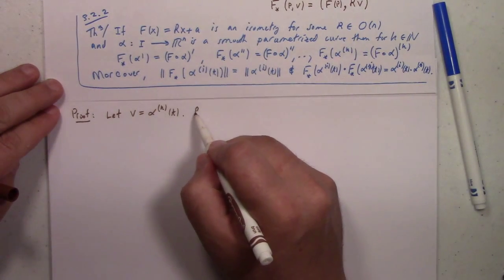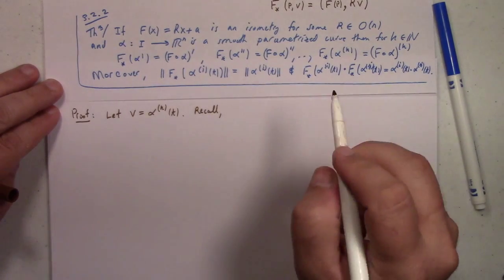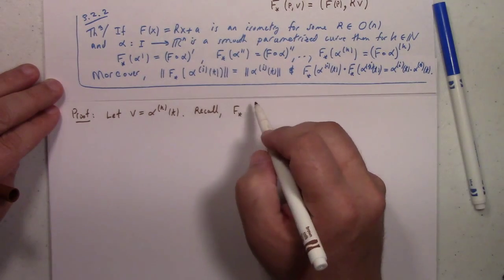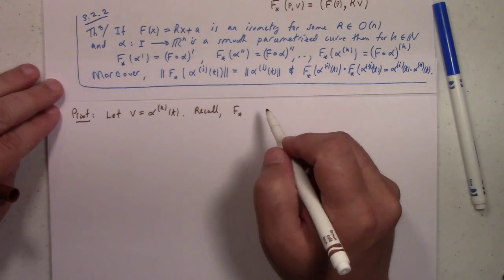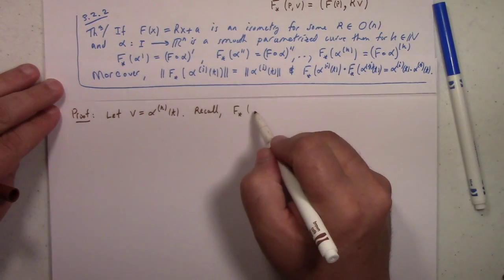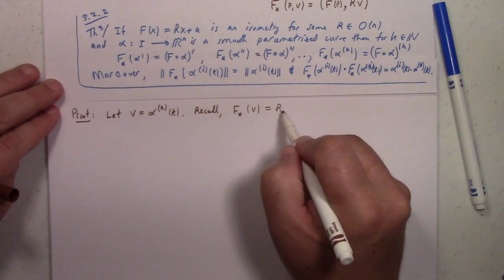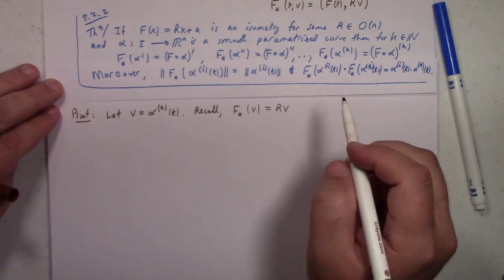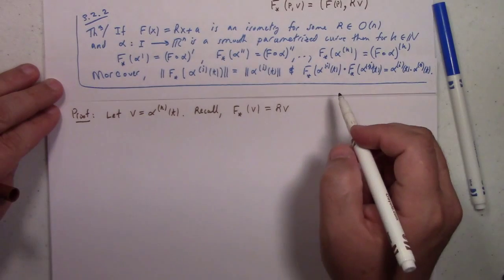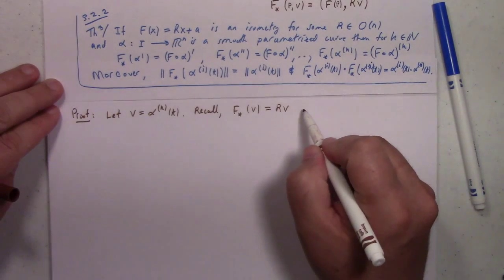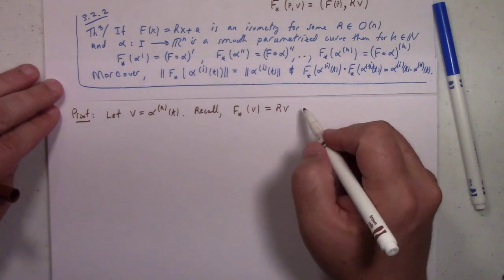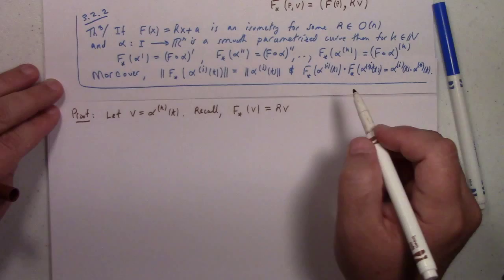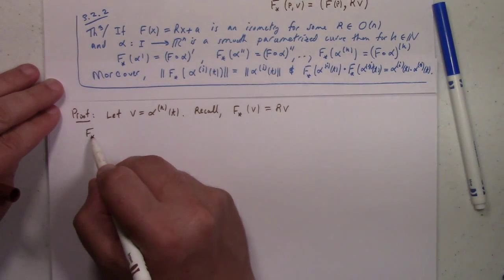And recall from our little calculation right before the theorem that the push forward acting on a vector is equal to R times v.